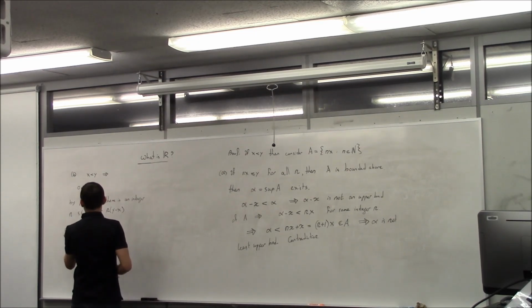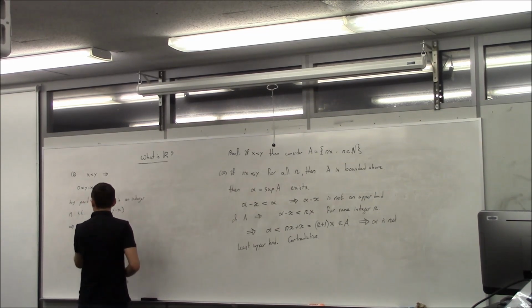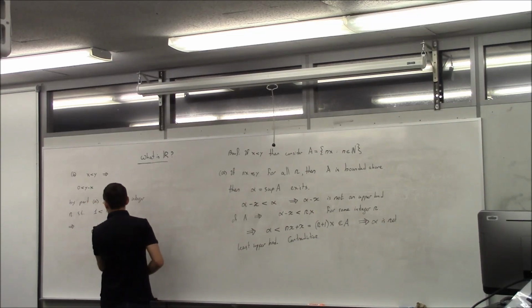And that implies that if I look at the segment, this one is nx, this one is ny, that this segment is bigger than 1.